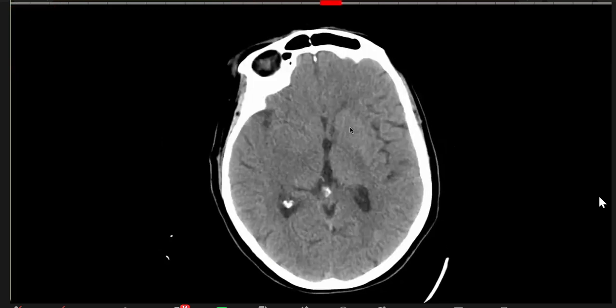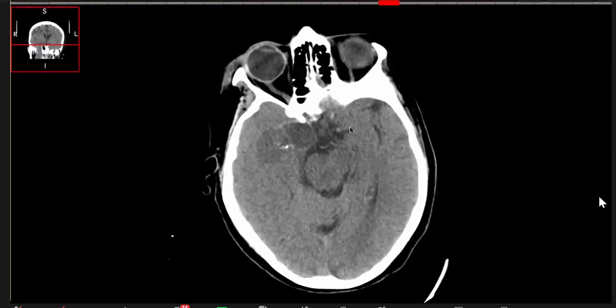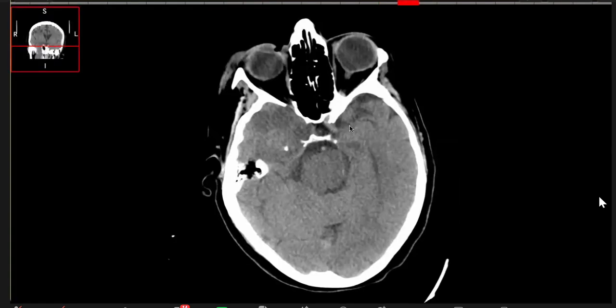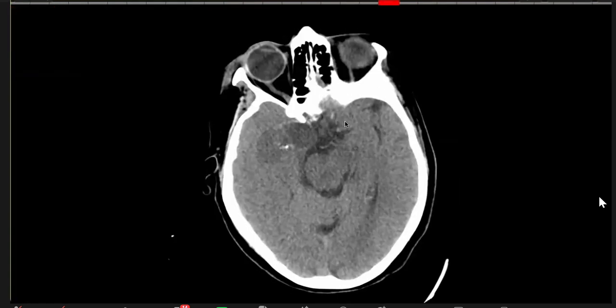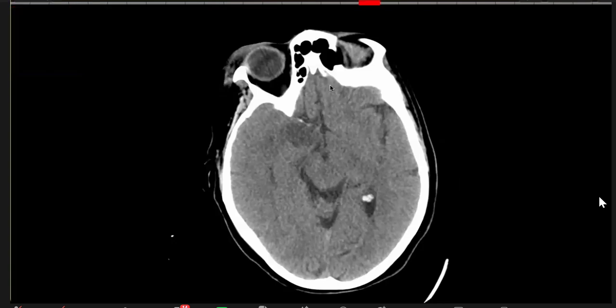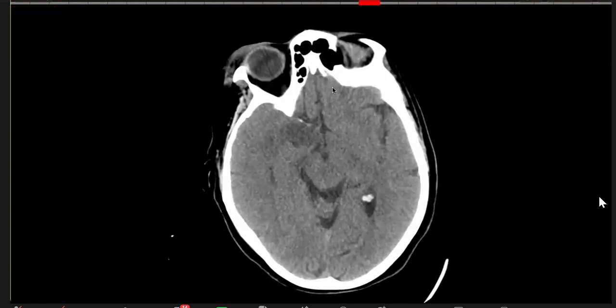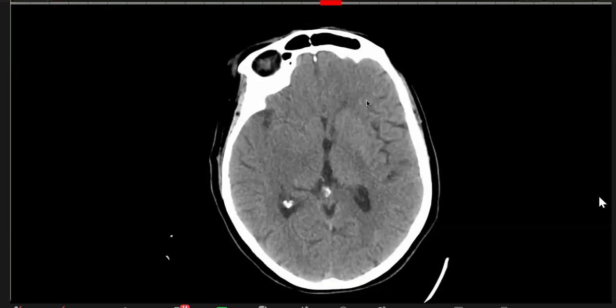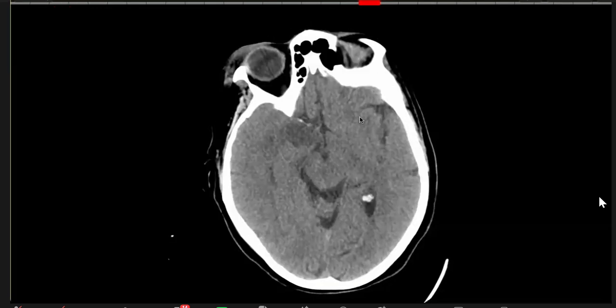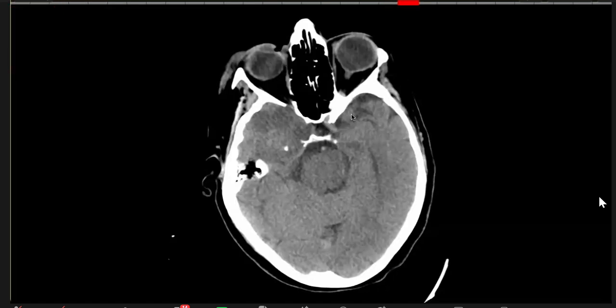Now I am going down. Yeah, right over here, I can appreciate that there is an isodense extra-axial lesion on the left side, in the vicinity of the temporal fossa.